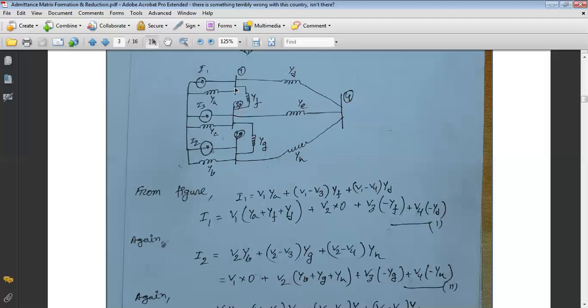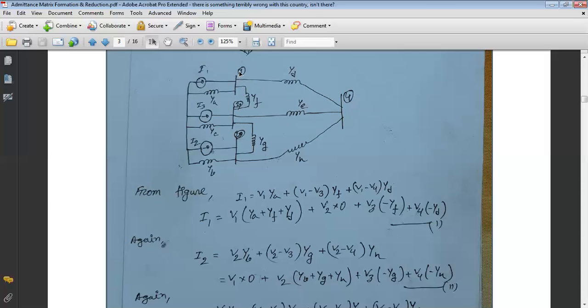Whenever we consider the nodal equation of a particular bus, we have to consider its voltage as positive, or greater than the other bus voltages, so the current passes from this bus to the other buses. So V1 minus V3 into YF is the current from bus 1 to bus 3.